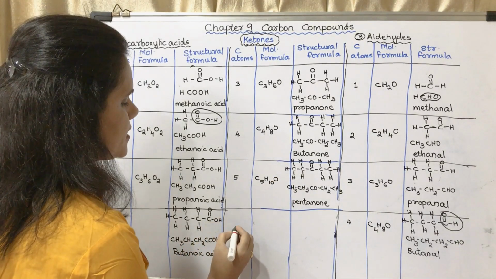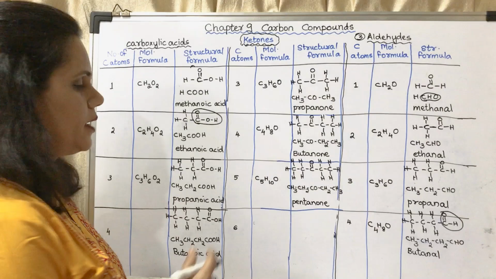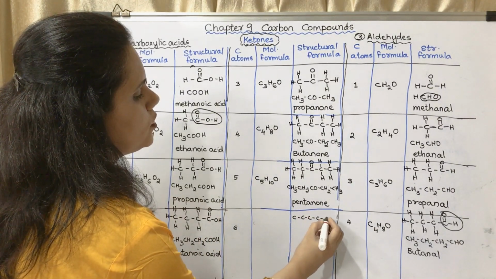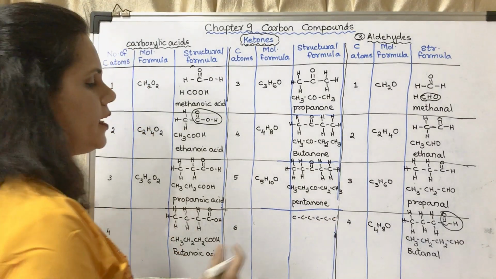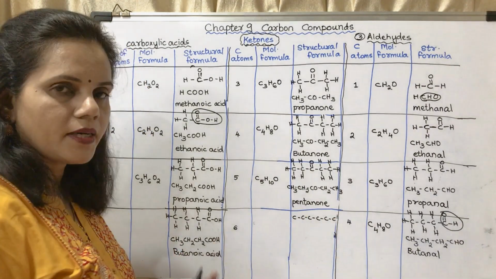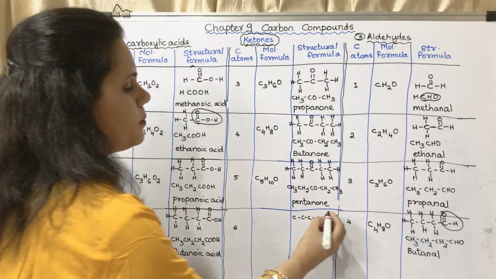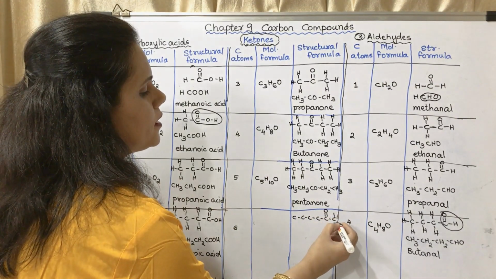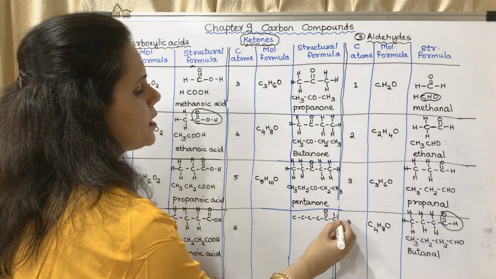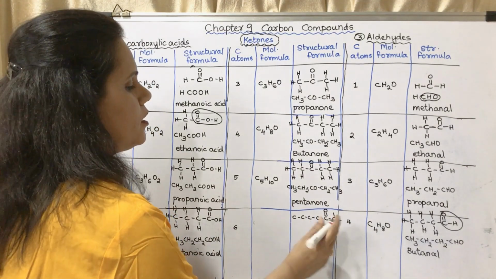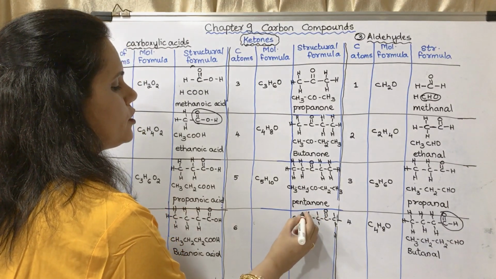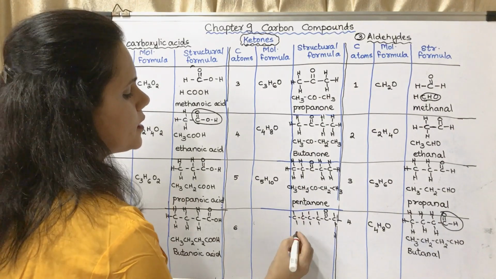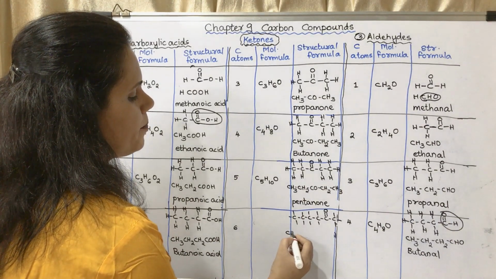Okay. Now the next, with 6 carbon atoms, I will draw 6, 1, 2, 3, 4, 5, 6. Any of these 4 in the middle could have the double bond O. I am putting the double bond O here. The other branches left, you have to draw with hydrogen atoms. Now, what will be the condensed formula?